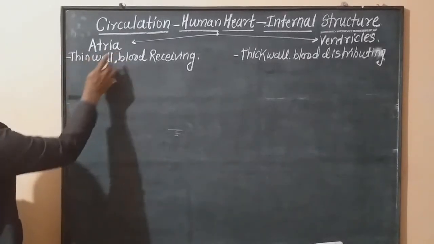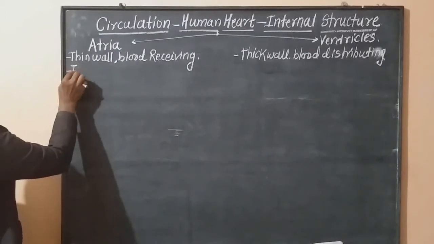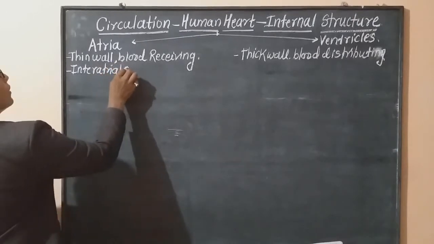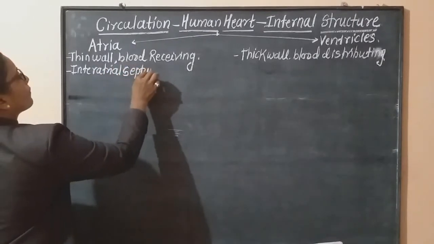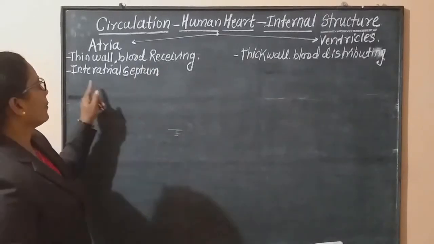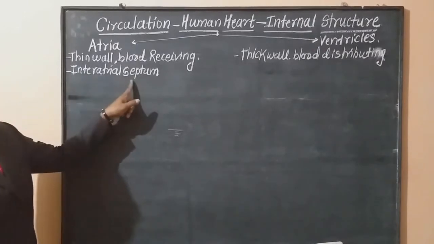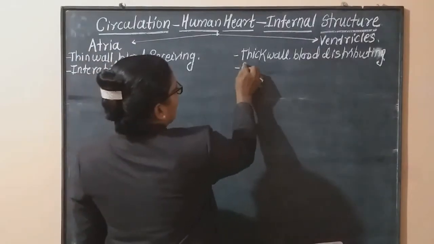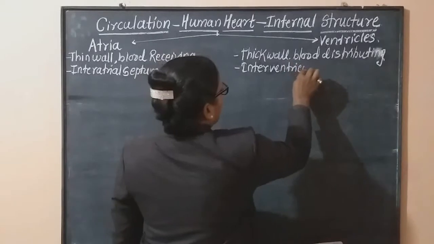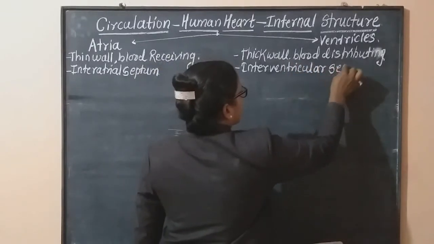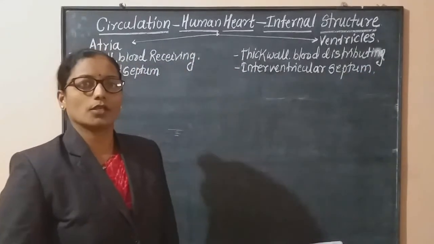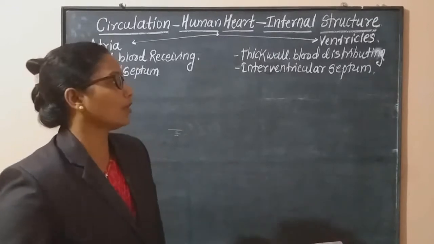Now these two atria are separated from each other with the help of the interatrial septum. The right atrium and left atrium are separated by a partition called the interatrial septum, and the ventricles are also separated from each other by the interventricular septum, due to which the deoxygenated and oxygenated blood do not mix with each other.